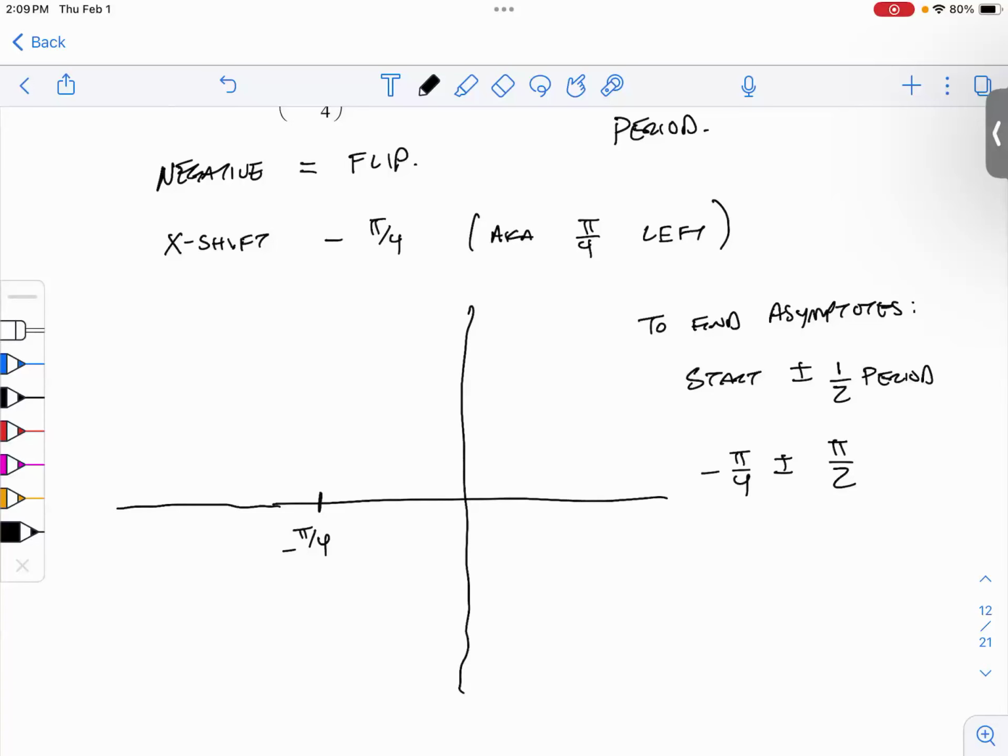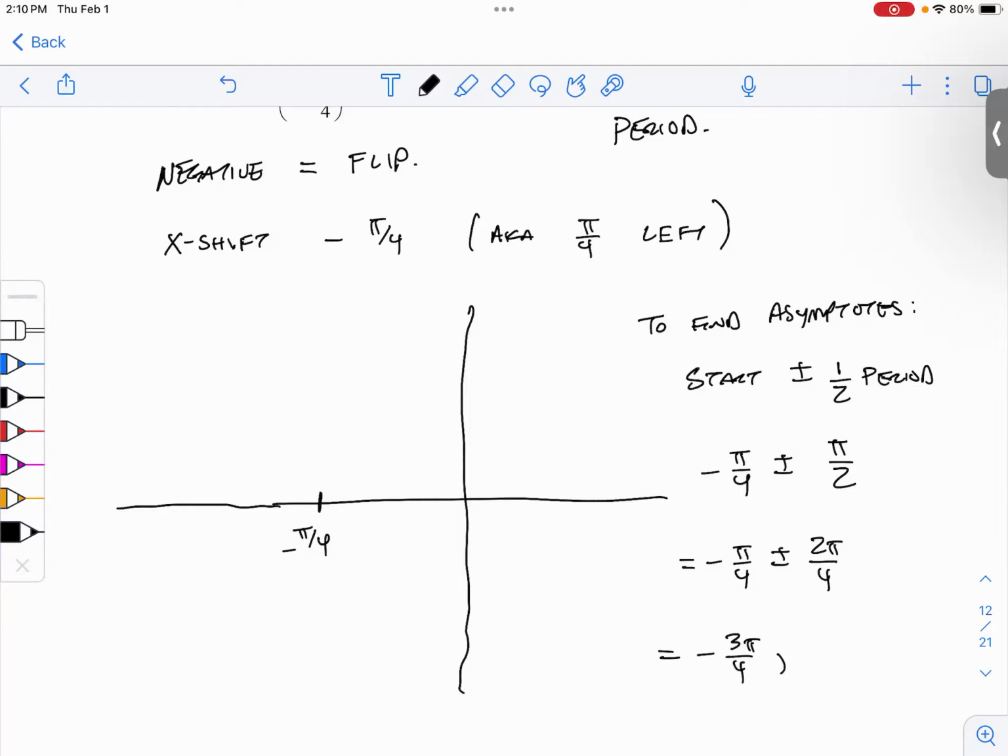We're just finding a couple of x values. So I have negative pi over 4 plus or minus 2 pi over 4 to get common denominators. Negative pi over 4 minus 2 pi over 4 is negative 3 pi over 4.